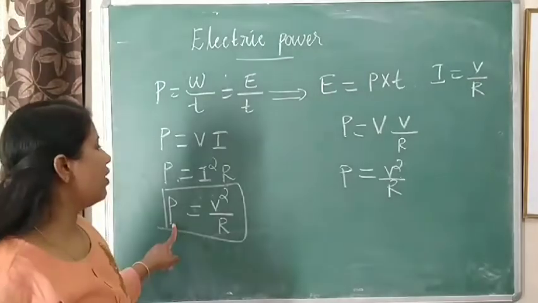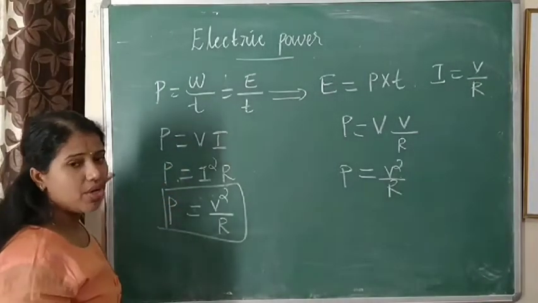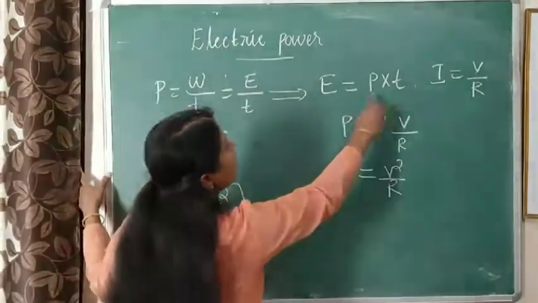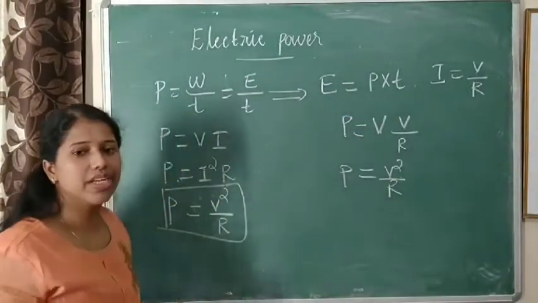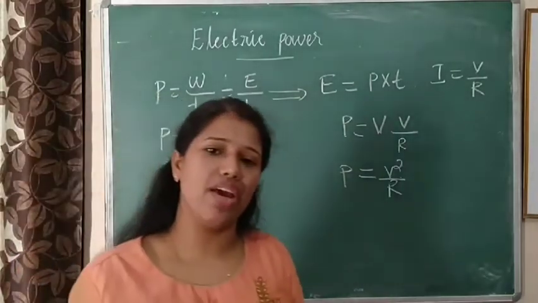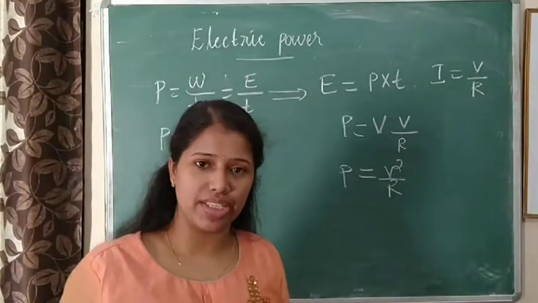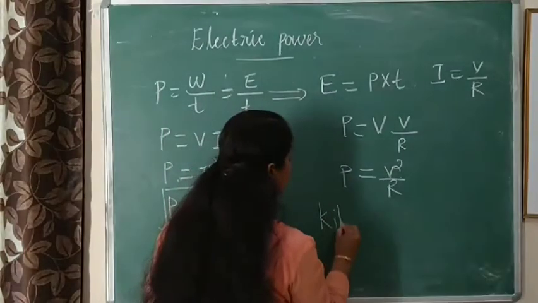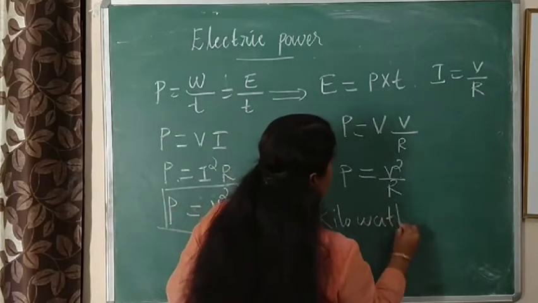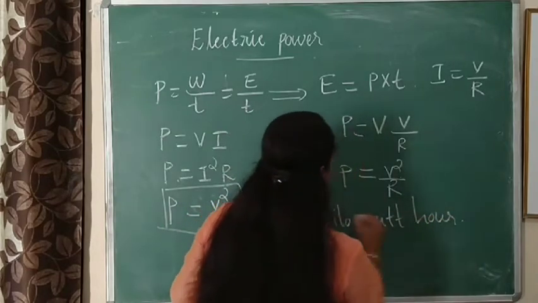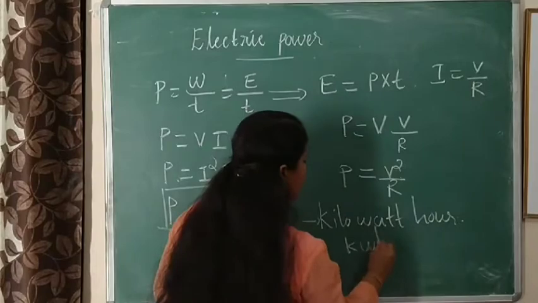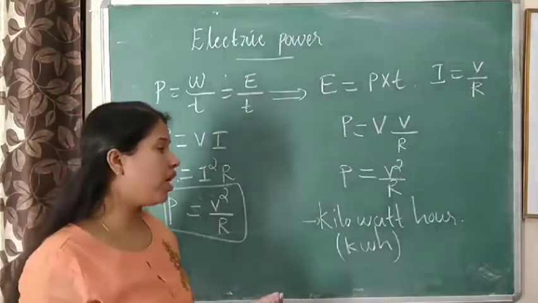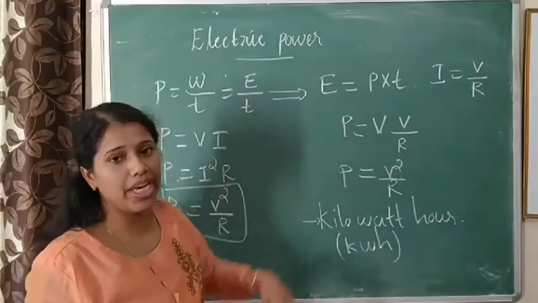I told you the SI unit of power is watt. Energy is equal to power into time, E is equal to P into T. What is the commercial unit of energy? That is kilowatt hour, short form kWh. Kilowatt hour is the commercial unit of energy.